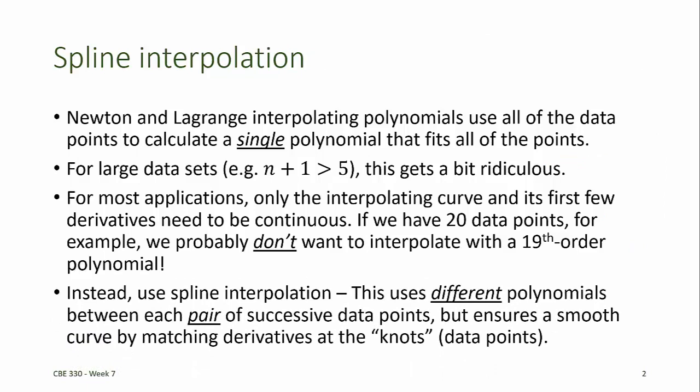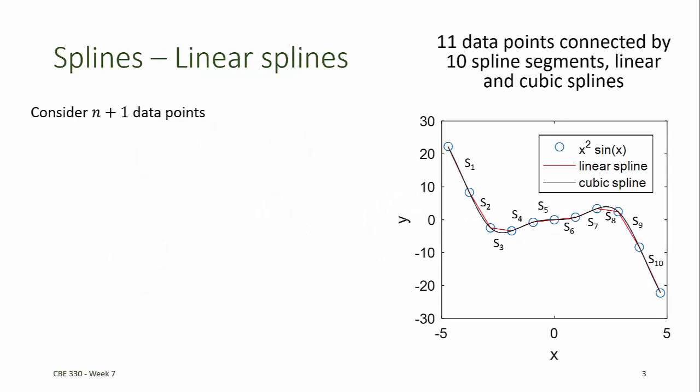Spline interpolation uses different polynomials between each pair of successive data points, but it can be done to ensure a smooth curve by matching derivatives at what are called the knots, where the knots are the data points. The knots are also the points at which we switch from using one polynomial to another polynomial.